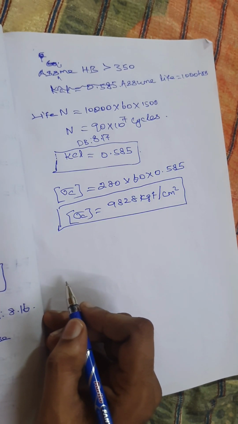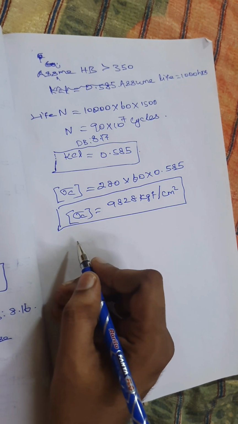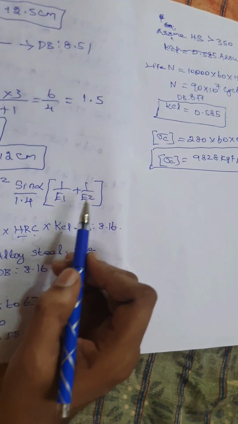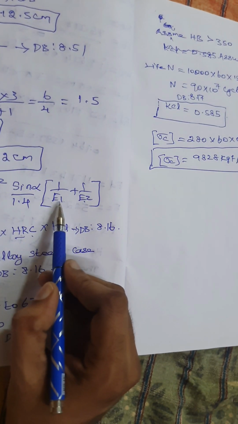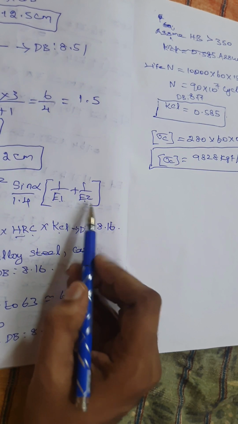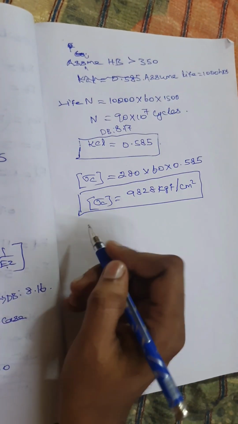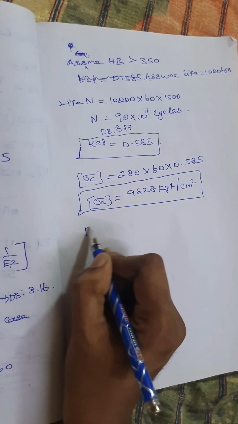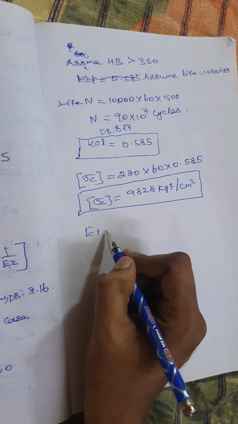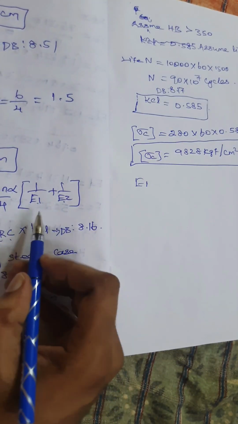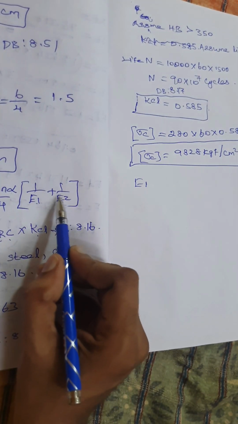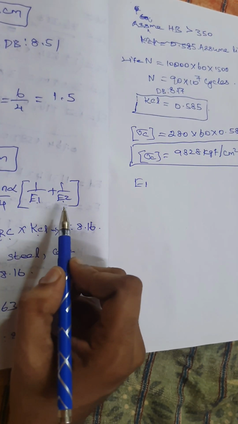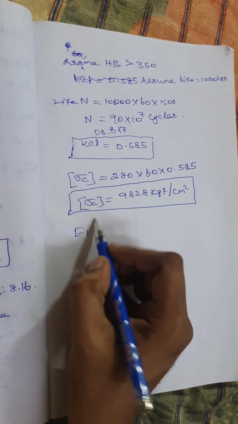So now we have to know the Young's modulus values, that means the Young's modulus value of E1 and of E2. Here the Young's modulus of pinion and gear are the same, because the pinion and gear are made of the same material. Therefore E1 is equal to E2.